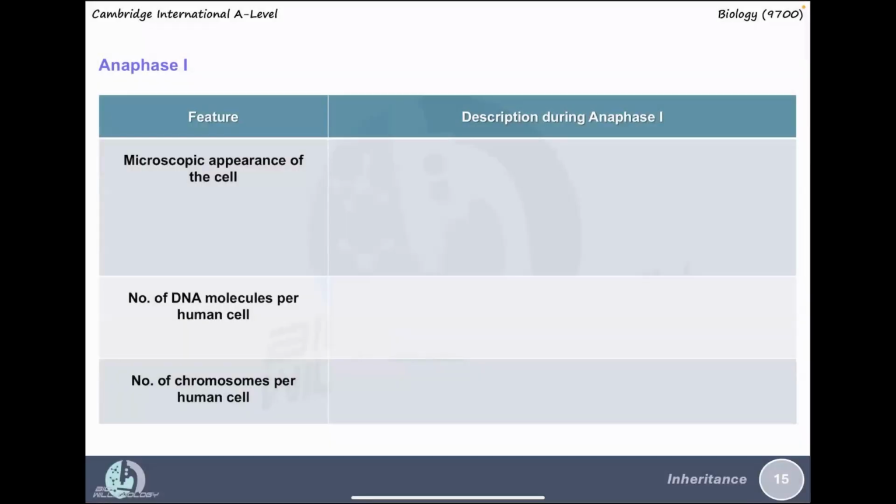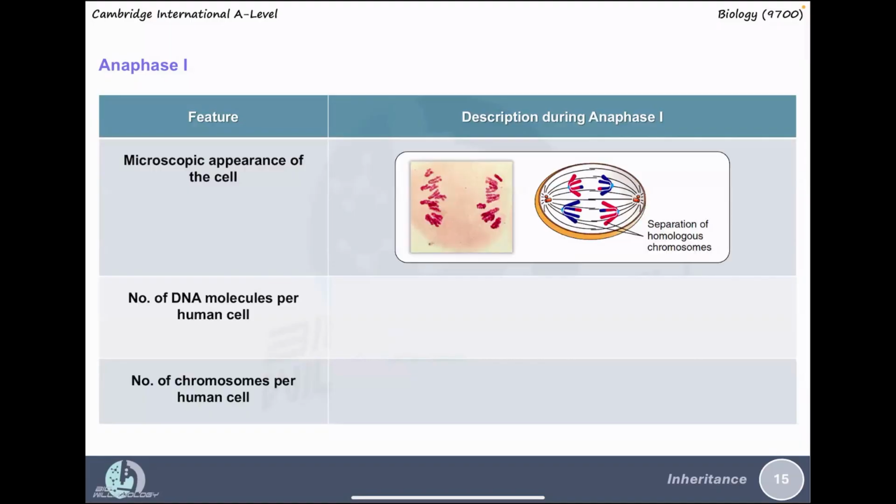How about anaphase 1? During anaphase 1, you can see that the homologous chromosomes are separated because of the breakage that happens at the chiasmata. Due to the shortening of the spindle microtubules attached to the centromere, you can see that this structure, the one I highlight now, is known as the chromosome.